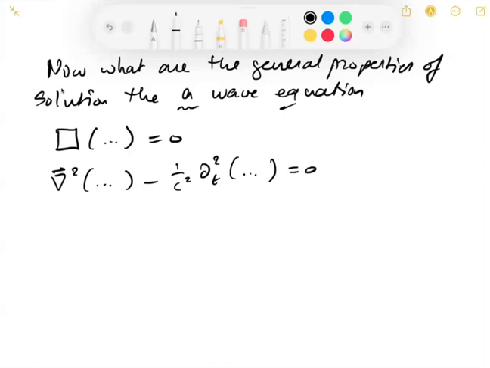Okay, so now we invoke our Fourier transform, but now we're going to use the Fourier transform for both k and omega. So we're going to take the Fourier transform for both k and omega of this entire thing.